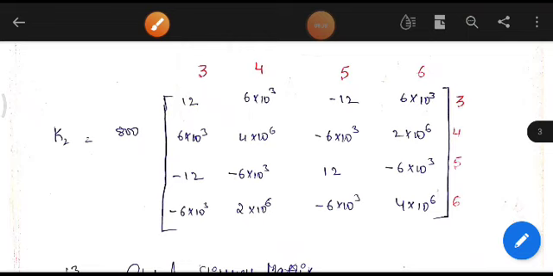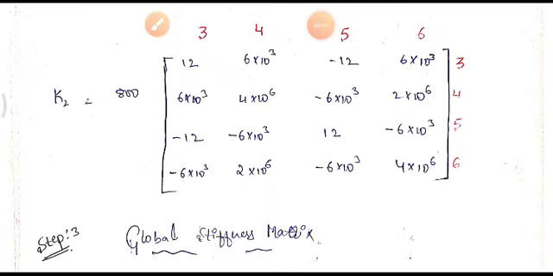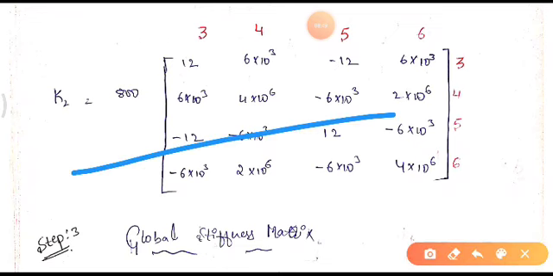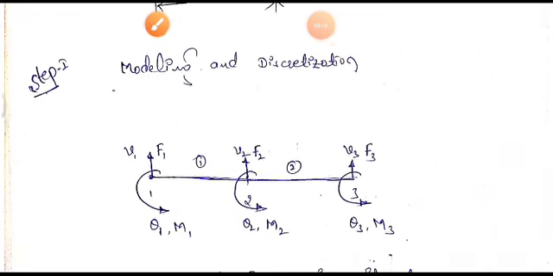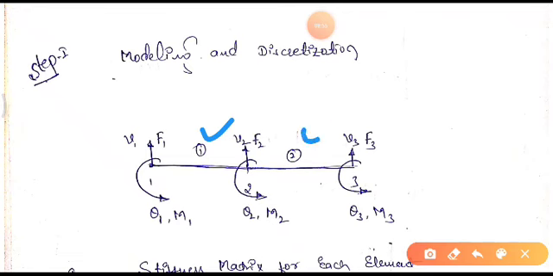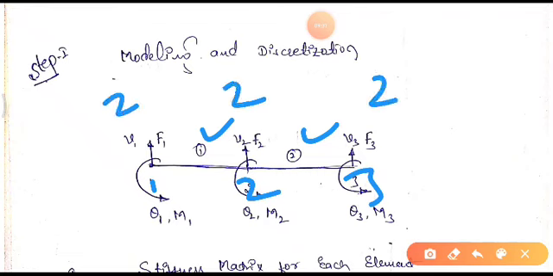Once we write the second elemental stiffness matrix, the next step is to determine the global stiffness matrix, where we need to add these two matrices. In the given problem, we have 2 elements, 3 nodes, and each node has 2 displacements, so we get overall 6 displacements.